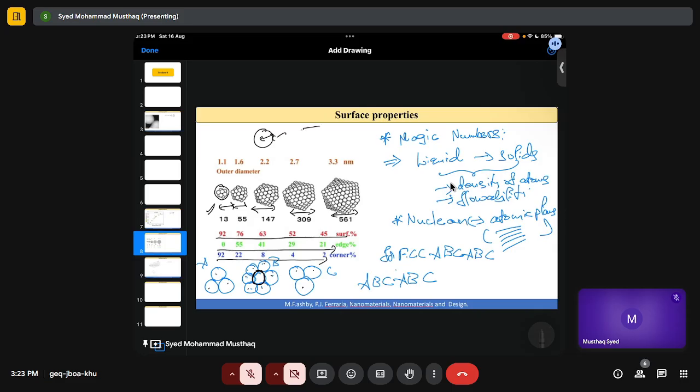And when you go for other shapes like cylinders and cubes, the isotropic nature will not be the same, because the distance from the center changes. The arrangement of atoms will change from one direction to another. In FCC, 100 has some set of lengths, some set of atoms, 110 will have some set of atoms, 111 will have another set of atoms.